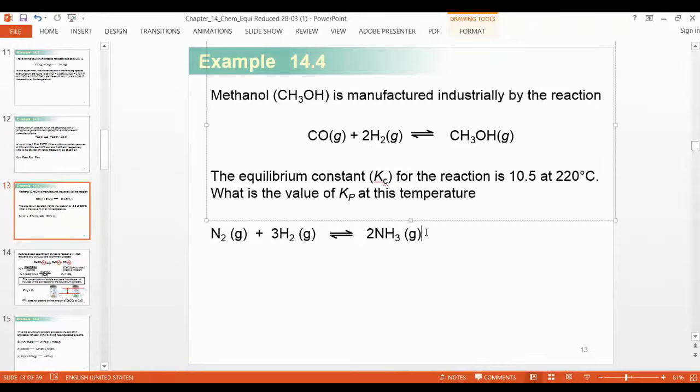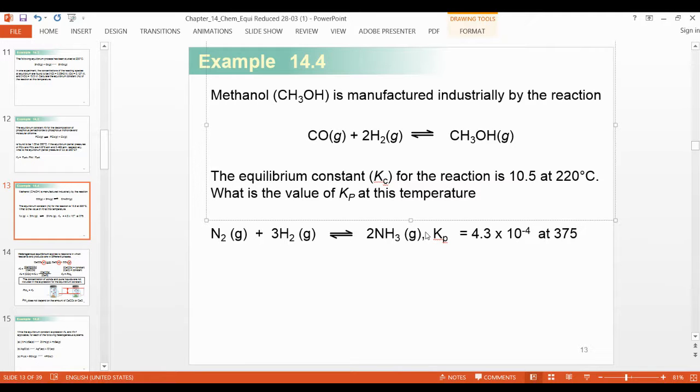In this example, the Kp value is given. The Kp value is given as 4.3 times 10 to the power minus 4 at 375 degrees Celsius.